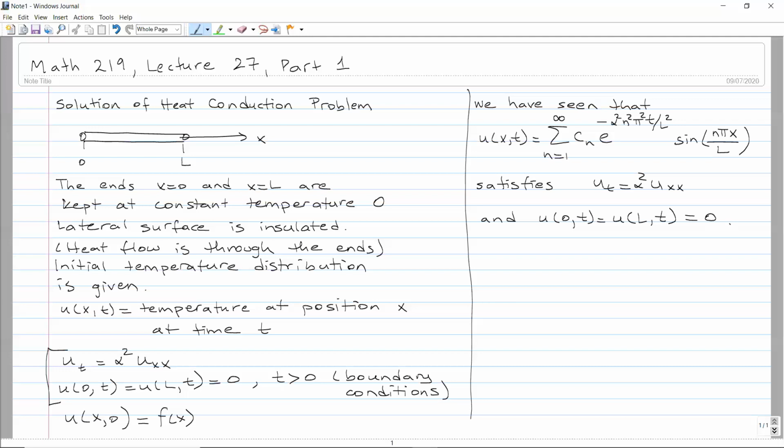Okay, so now in order to find our solution, we need to find the constants.